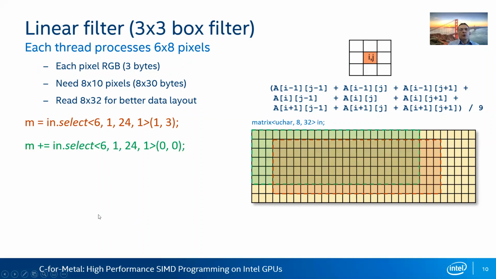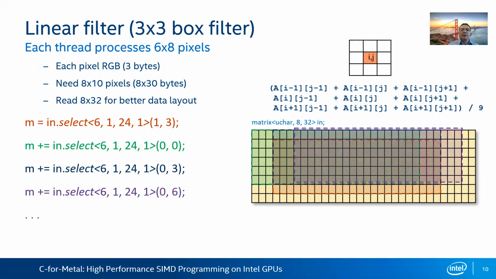And we sum it with another 6x24 data region starting at location 0, 0, which is i-1 and j-1. We shift it by 1 pixel position, and that will be i-1 and j.